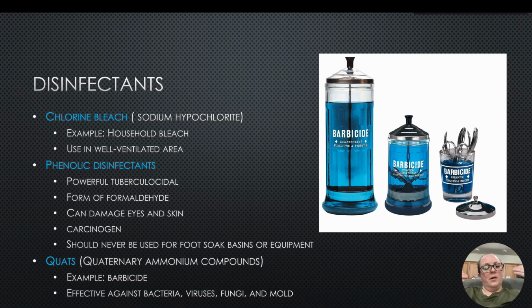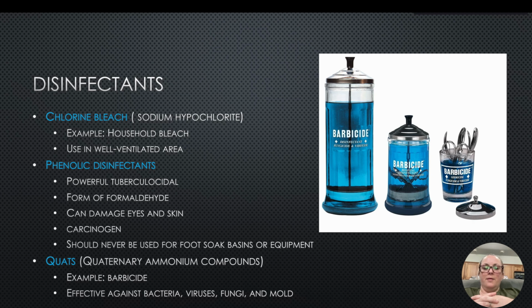Then we have a bunch of other types of disinfectants. Most of these we are not going to be using in the massage world, we're not estheticians, and we're possibly coming in contact with broken skin. This would include your phenolic disinfectants and your quats. Phenolics are powerful enough to kill tuberculosis.